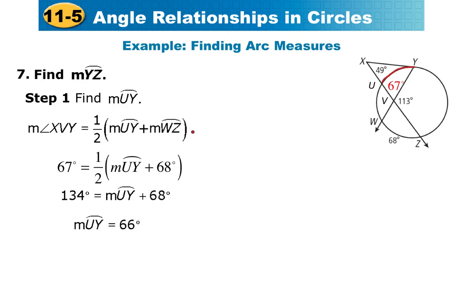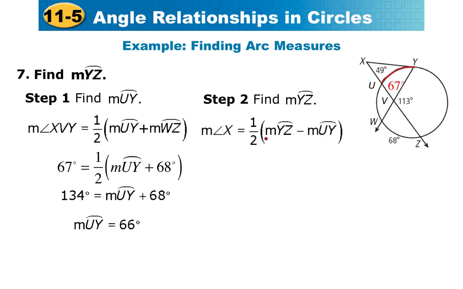Then we go to the second step. I'm going to find YZ, which is what the problem is asking me to do. In this case now I'm applying theorem 11.53. Again, this is theorem 11.53. So then I have this tangent and I have this secant.